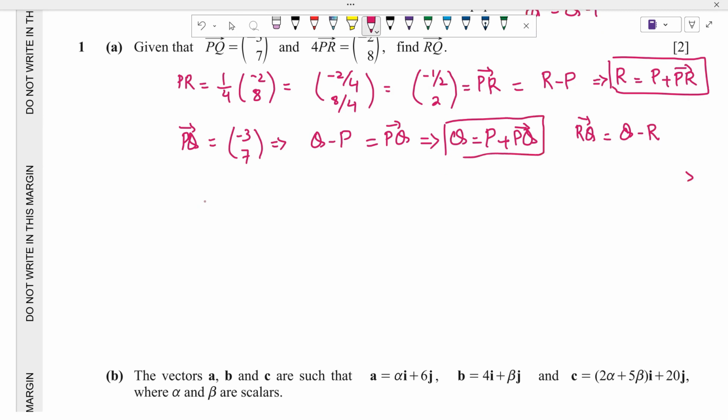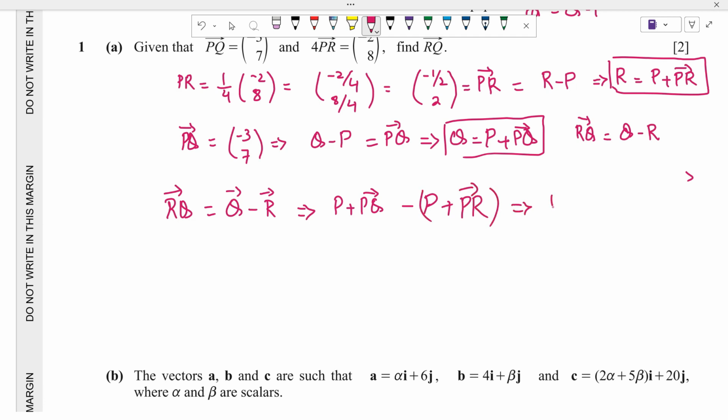Okay, we need to find the value of RQ, which is equal to Q minus R. And Q is equal to P plus PQ, minus R, which is P plus PR.